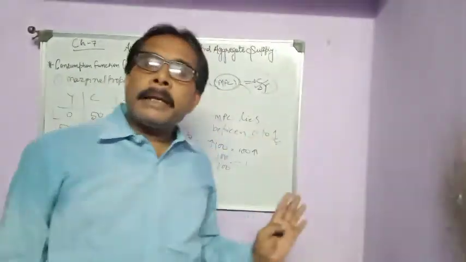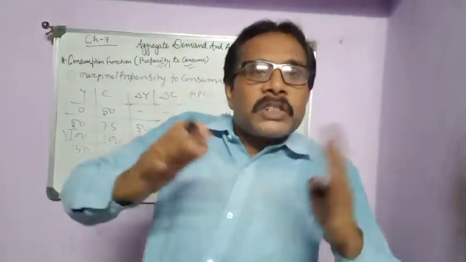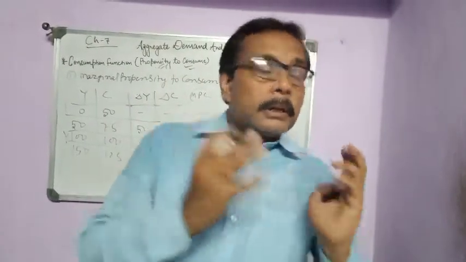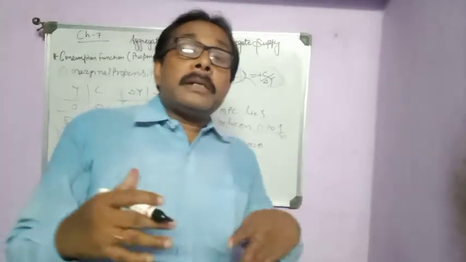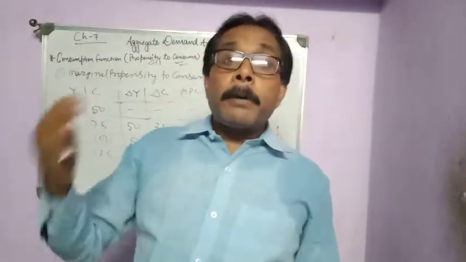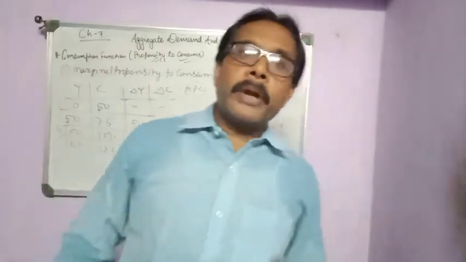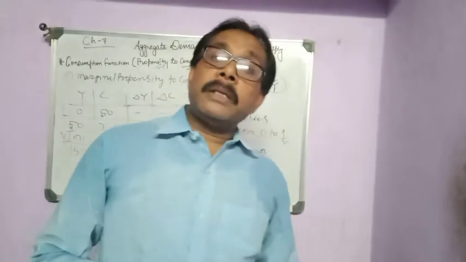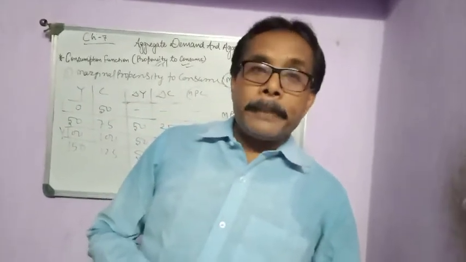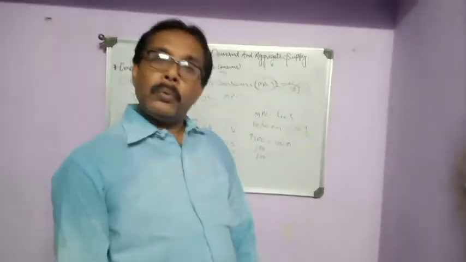Because MPC means change in consumption over change in income, and the total change in income is used for consumption, so consumption will not increase above the increased income. That's why the value will not increase more than 1. Clear? So in this way we can say MPC always lies between 0 and 1.